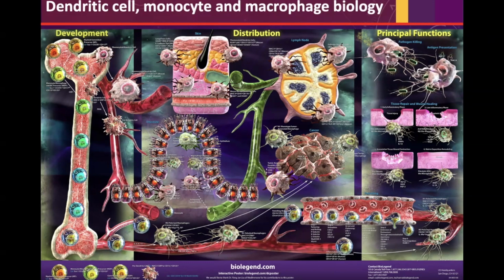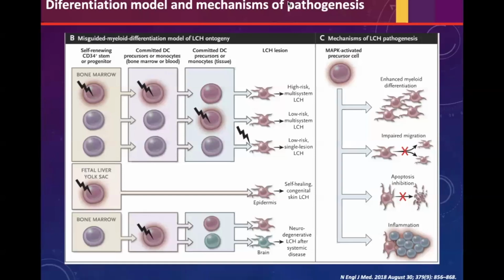In this picture, we can see the main functions: pathogen killing, antigen presentation with the associated molecules MHC1, MHC2, tissue repair and wound healing. The antigen process. In this picture, we can see the physiologic Langerhans cells and dermal dendritic cells ontogeny and function.